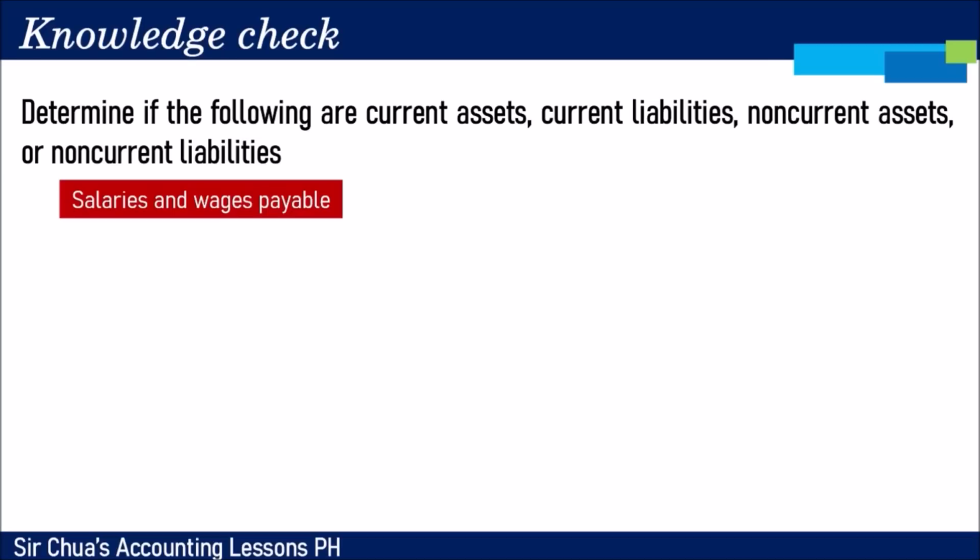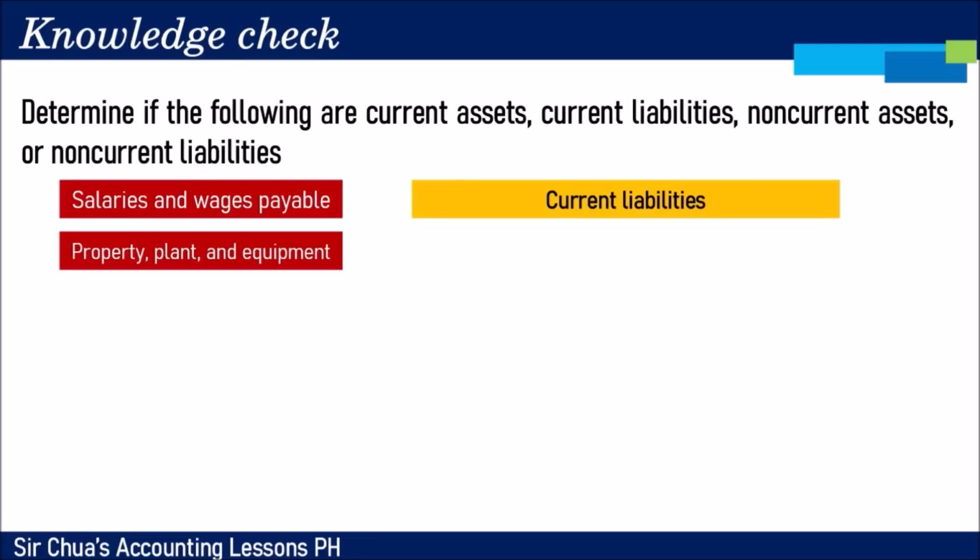3, 2, 1. Salaries and wages payable po ay current liability. Hoy, kasasabi ko lang ha. Okay, next. Property, plant, and equipment. 3, 2, 1. Property, plant, and equipment is a non-current asset. Okay, next.